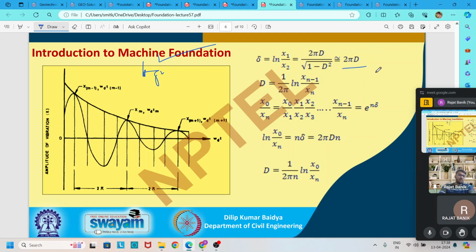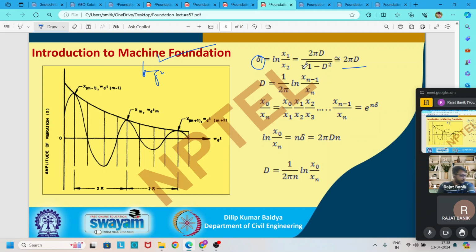We said that this concept was not covered yet. So here is the concept. The logarithmic decrement is represented by delta, which is equal to the natural log of the ratio of two successive amplitudes.